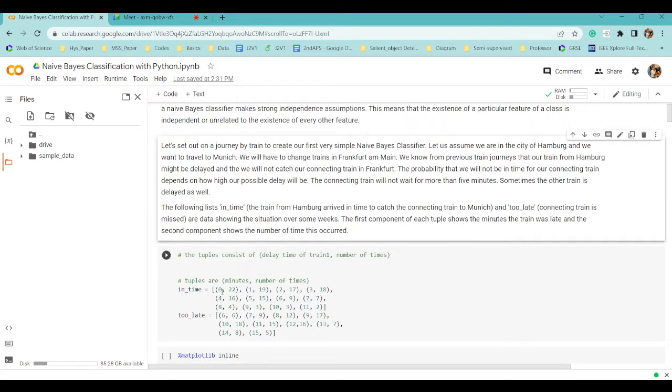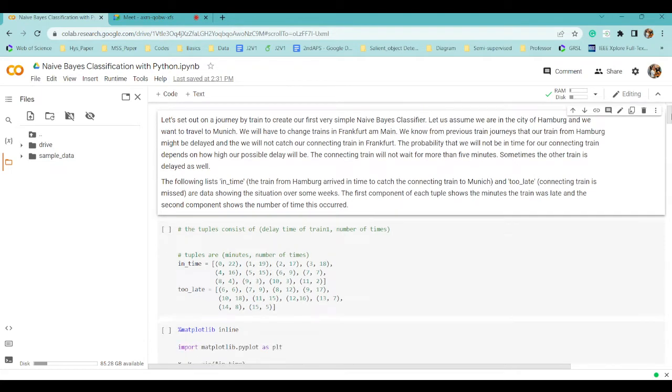So this 0 is your minute and 22 is the number of times. This means it has been on time 0 minutes, and how many times? 22. 1 minute, number of times? 19. And for too late, it is the delayed time of the train and the number of times again. Okay, so this is what your information is about.